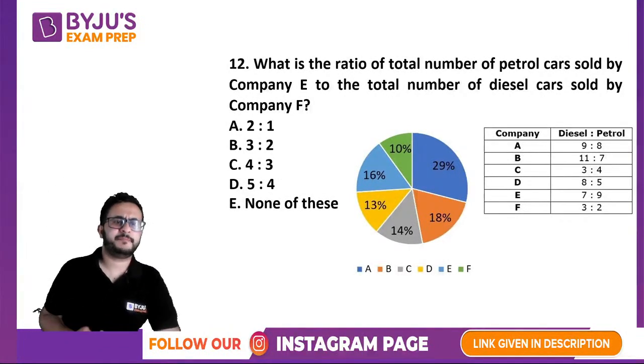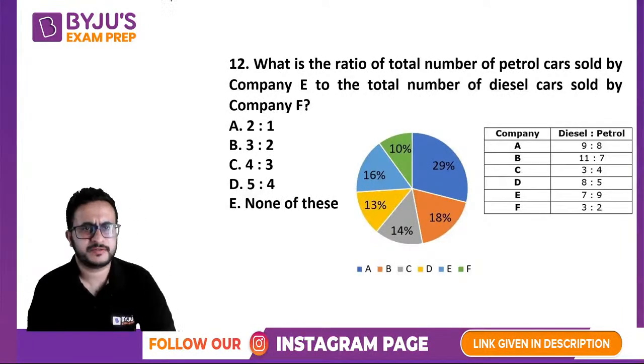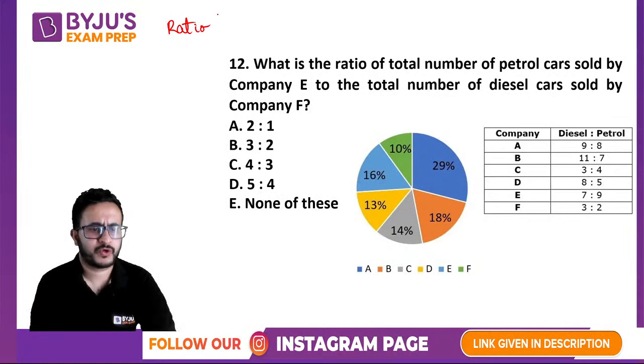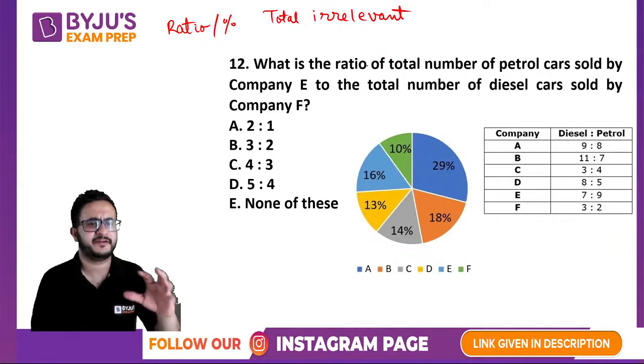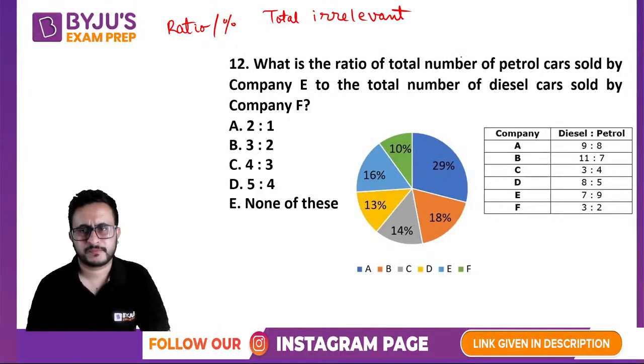Now see, whenever in a pie chart there is a ratio based question or percentage based question, then this total is irrelevant. Like total 1.7 lakh, 10 lakh, 5 lakh, does not matter.